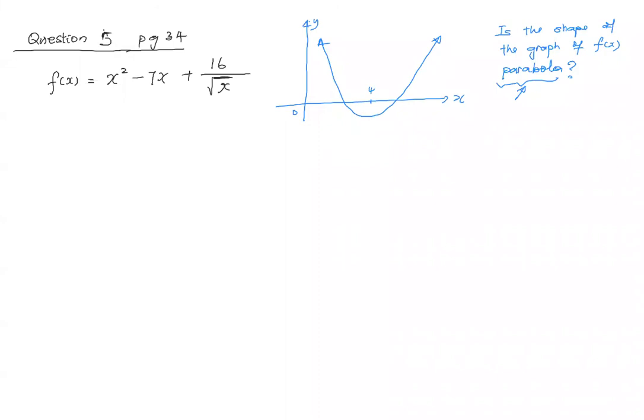If I say the shape of the graph of y equal to g(x) is a parabola, then straight away I can conclude that g(x) is ax squared plus bx plus c.